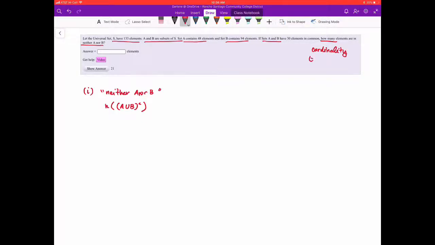So that means our answer will be a number, not to be confused when we list elements. Great, so now we know what we need to find.